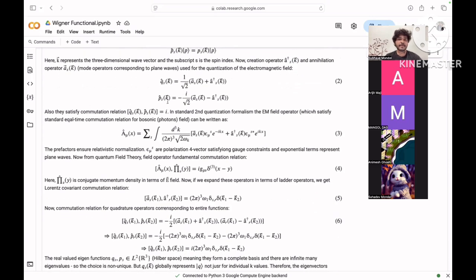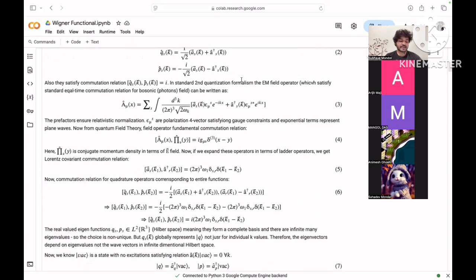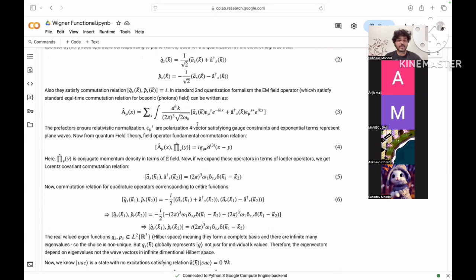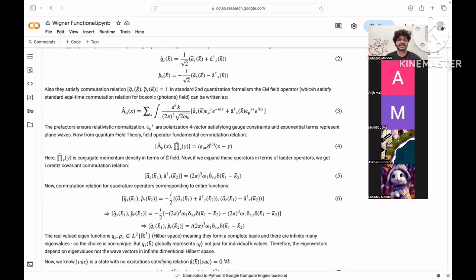These operators can be decomposed into ladder operators, like in equation 2. These ladder operators, we all know from quantum optics, obey certain commutation relations. And we want to see if these commutation relations we already know from quantum optics are satisfied or not.